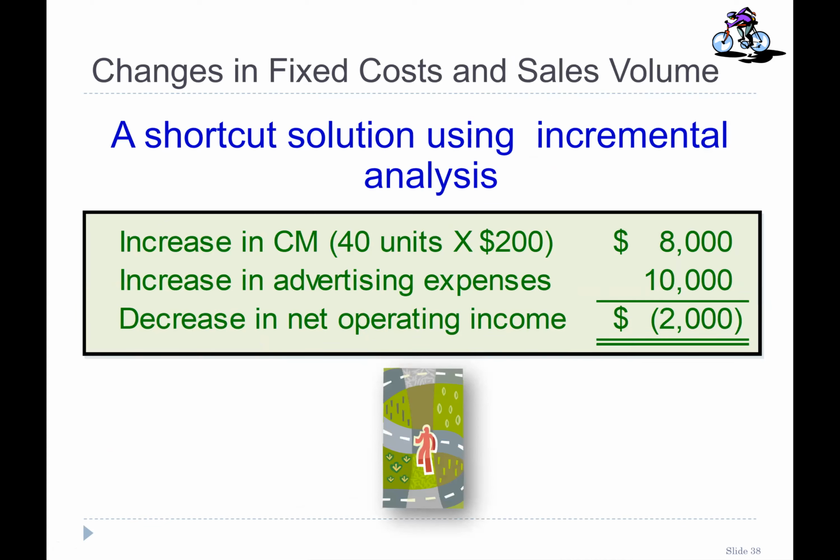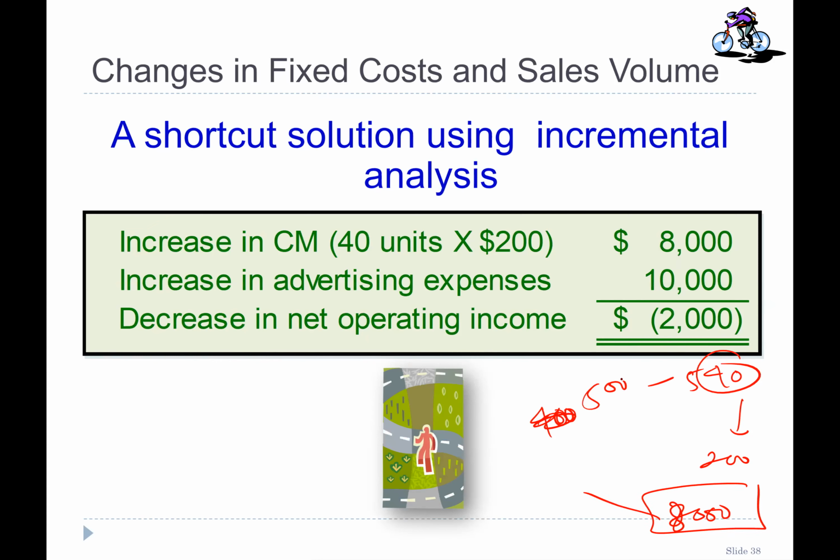So the shortcut is that if you don't want to do all these statements and you want to find out whether this is profitable or not, just see how many units you are selling more above the previous one, 40, and how much per unit is CM. This is 8,000.